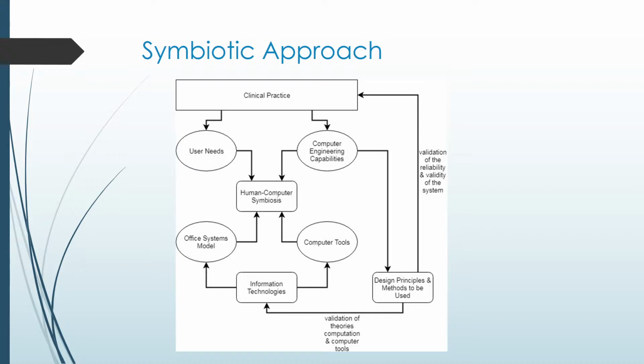You have the user needs and the computer engineering capabilities coming from the clinical practice, and then the office systems models and the computer tools coming from the IT side of things. And then on the bottom right, you can see the design principles and methods to be used, which interact between both these fields of work.